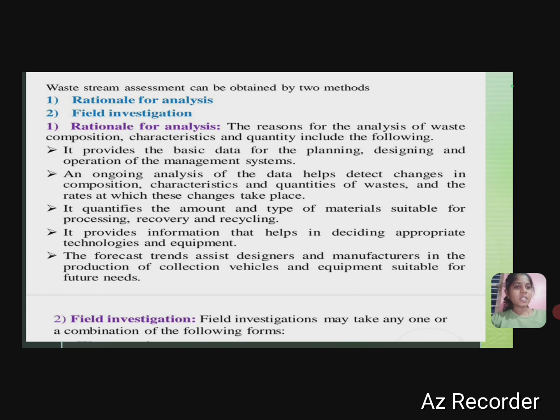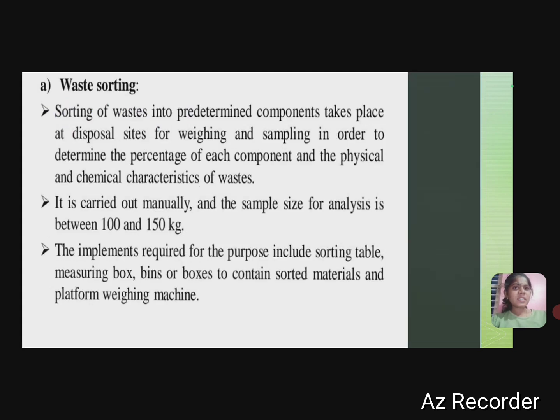Field investigation may take any one or a combination of the following forms. The first one, waste sorting. The sorting of waste into predetermined components takes place at disposal sites for the winnowing and sampling in order to determine the percentage of each component and the physical and chemical characteristics of the waste.